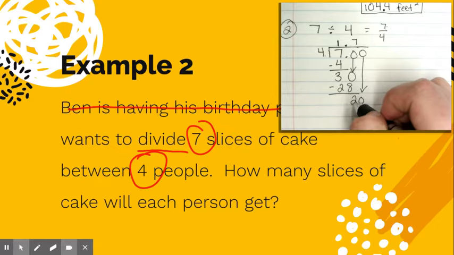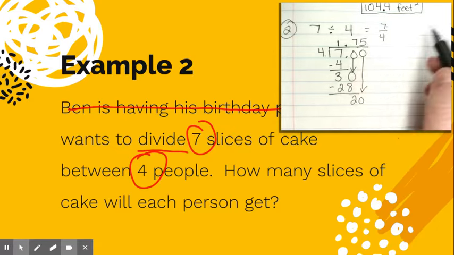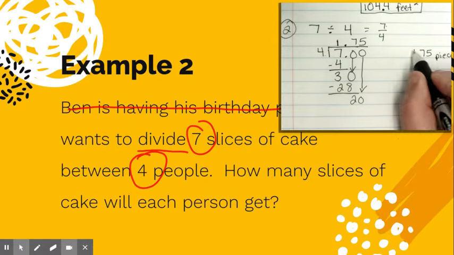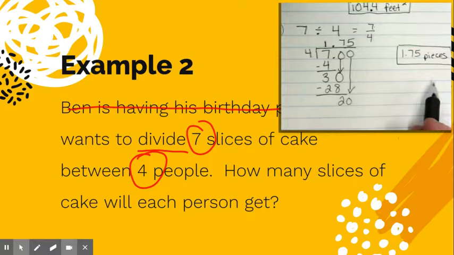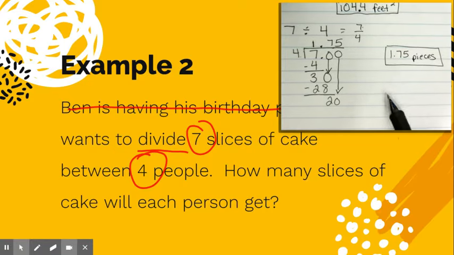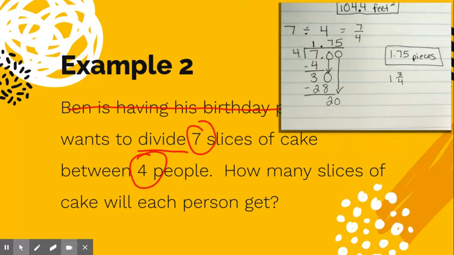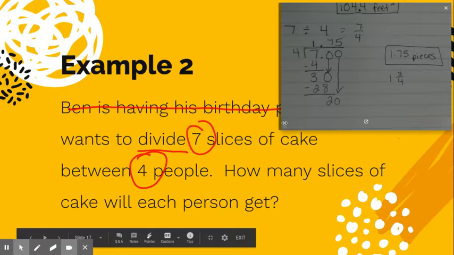And 4 goes into 20, 4 times 5 is 20. So my answer is 1.75 pieces. Each person gets almost 2 pieces, but not quite. They only get 1 3/4 of a piece, so we can leave it as 1 3/4 too. Makes sense. Are we good? Good. Let's move on.